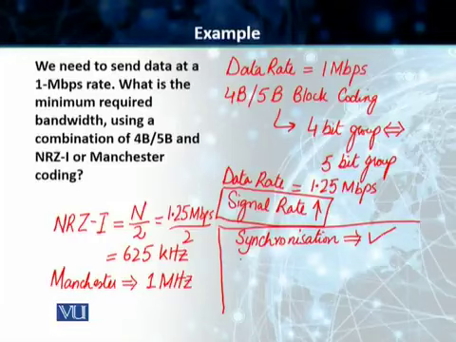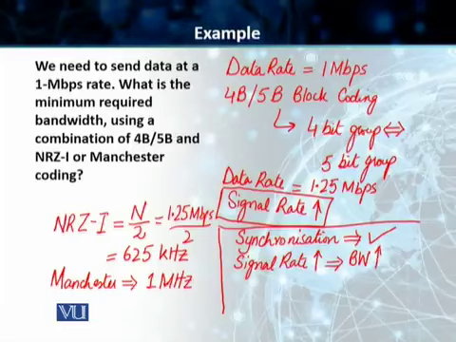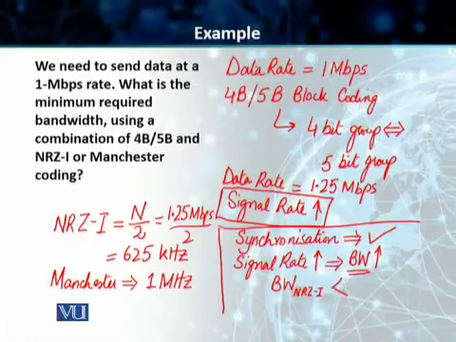Students, signal rate went up, which means that the amount of bandwidth required has also gone up, but we have seen that this amount of bandwidth required for NRZ-I is still lesser than the amount of bandwidth required for Manchester.